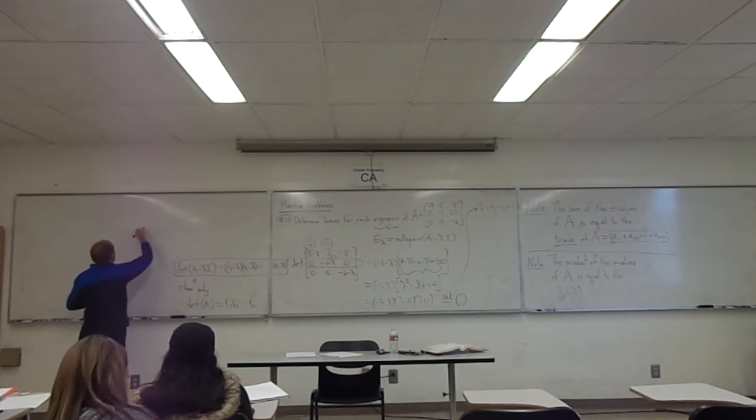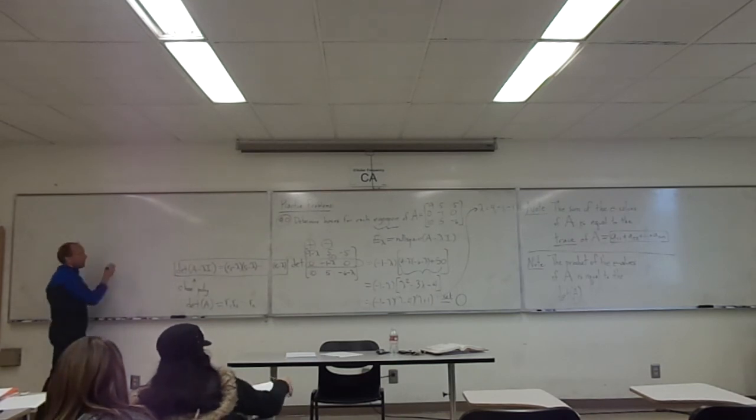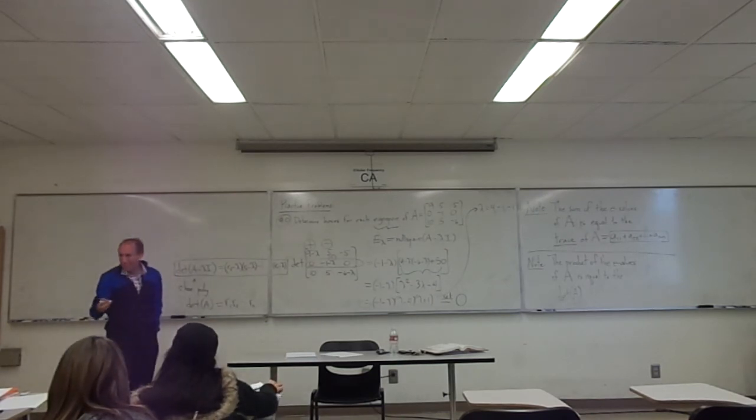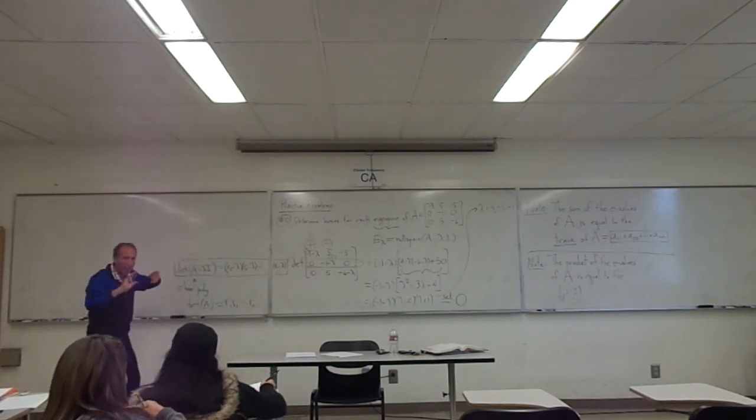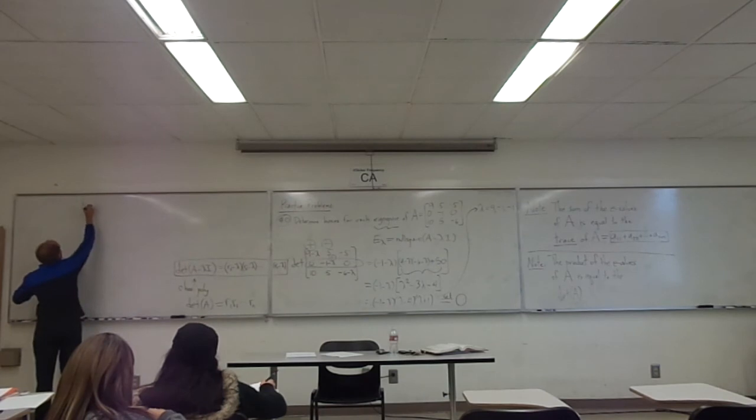Okay. So this is almost like an extension of the invertible matrix theorem. I'm getting off topic of actually solving this problem, but that's all right. I'll get back to it in a second. So this is like a note.